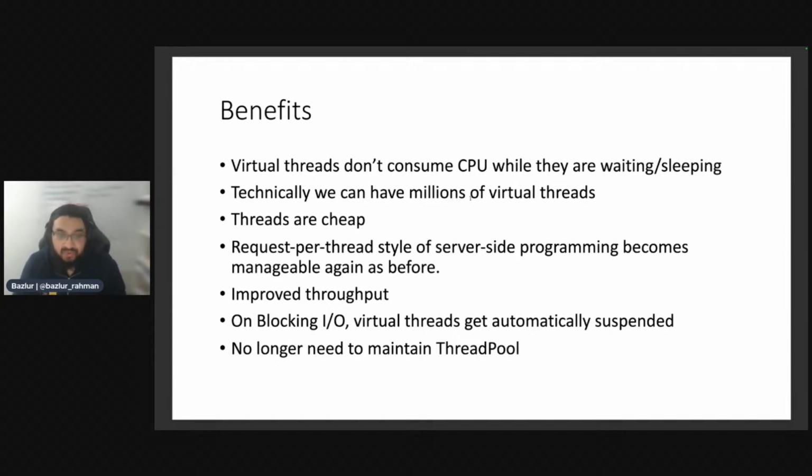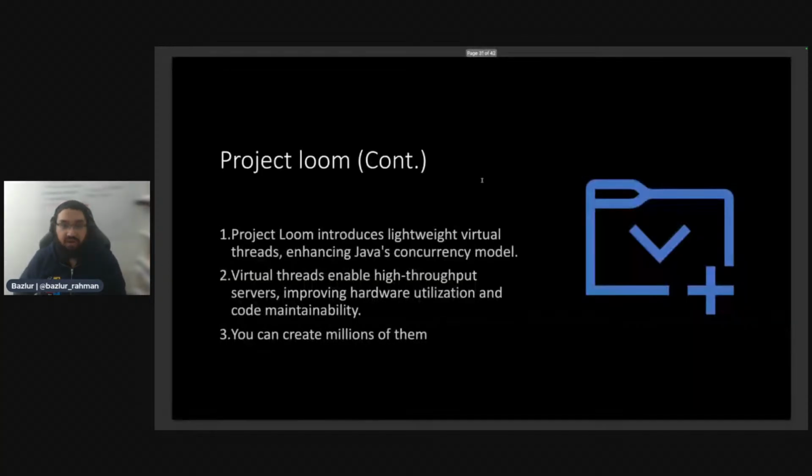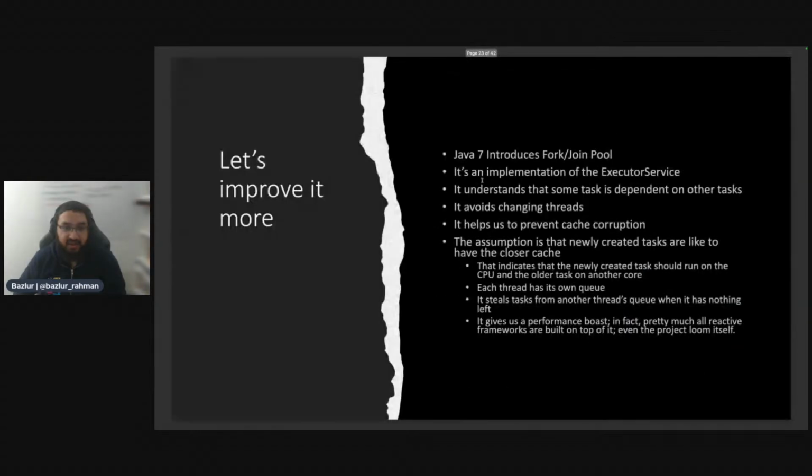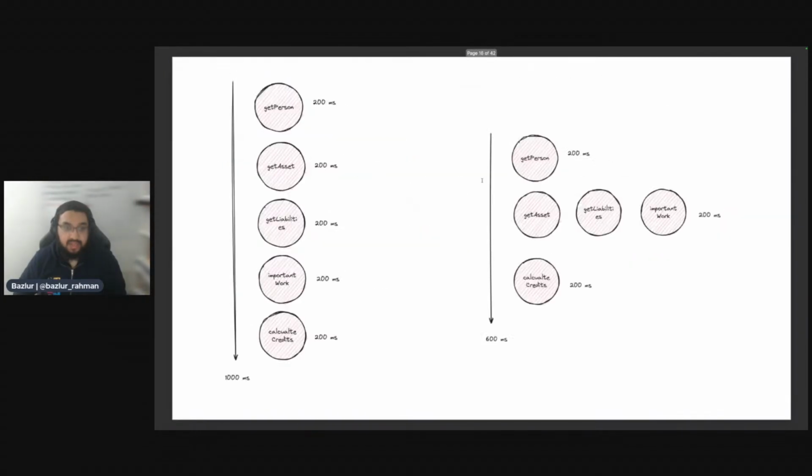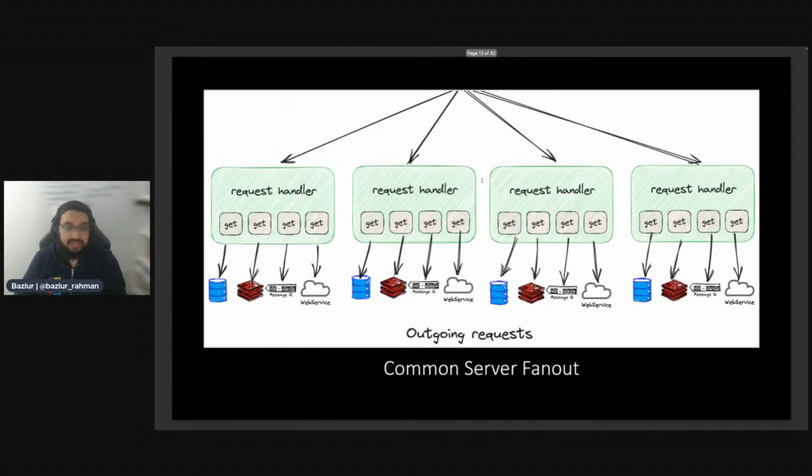It certainly improves throughput. So, for example, if we go to the earlier image, all of these can be done by a virtual thread, right? This database operation can be done by a virtual thread. If we need to go to Redis, it can be done by a virtual thread, and all of them can be done separately.